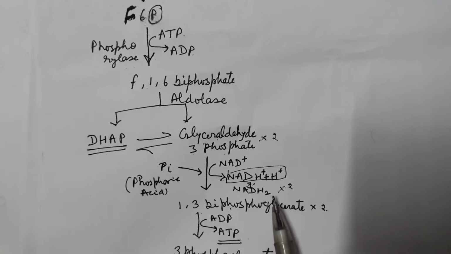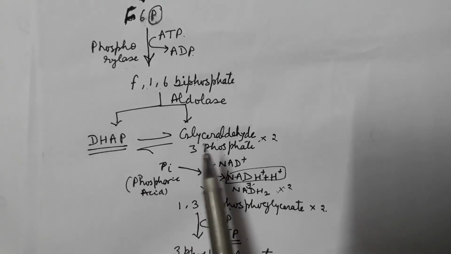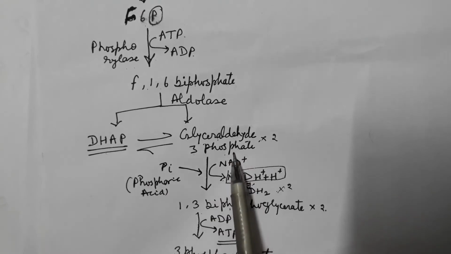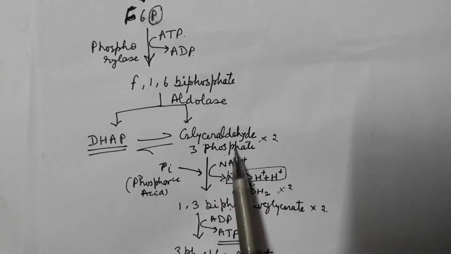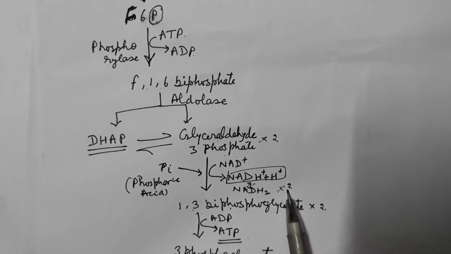Why are we saying 2 molecules? Because dihydroxyacetone phosphate is converted into glyceraldehyde 3-phosphate. So 2 molecules of glyceraldehyde 3-phosphate are converted into 2 molecules of 1,3-biphosphoglycerate or glyceric acid. So 2 molecules of NADH2 are produced in this step.